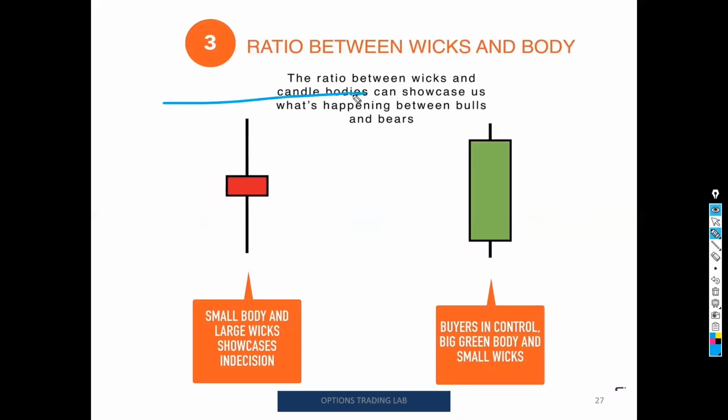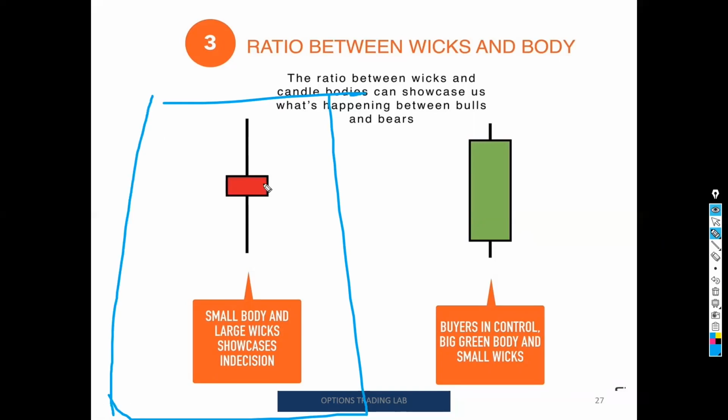The ratio between wicks and body. Consider this first candlestick. Even though this is a red candlestick, it is not showing a domination by sellers, because even though this is a red candle, it is not a strong candle on the selling side, because this candlestick has equal sized wick in the upside and equal sized wick in the downside.